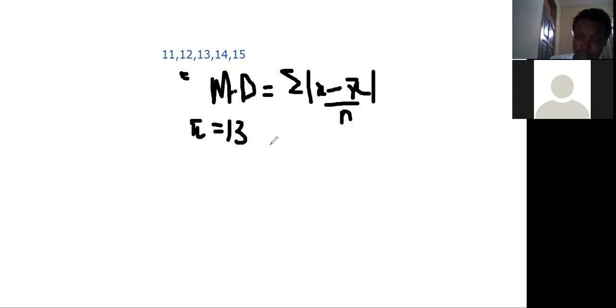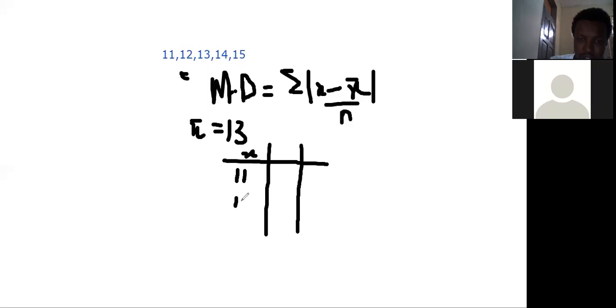Then we come and draw a table. So let's say this is our table. These are the x values. Our first x value is 11, our second x value is 12, 13, 14, 15.